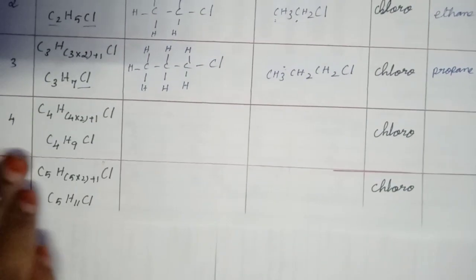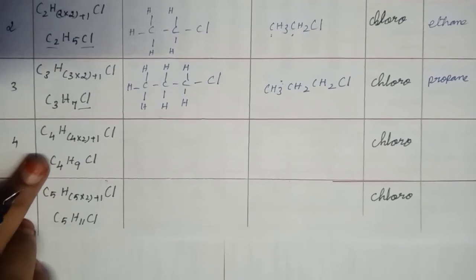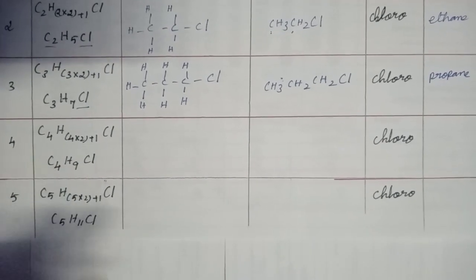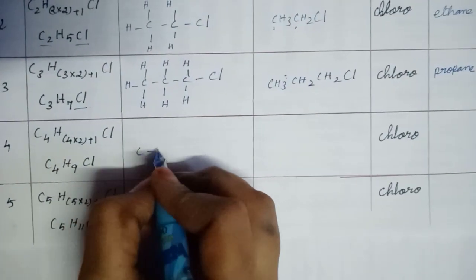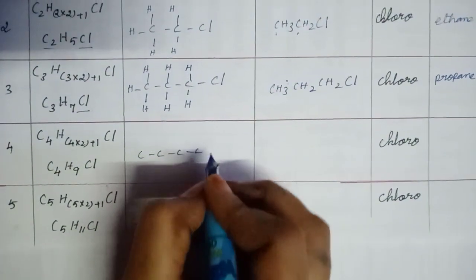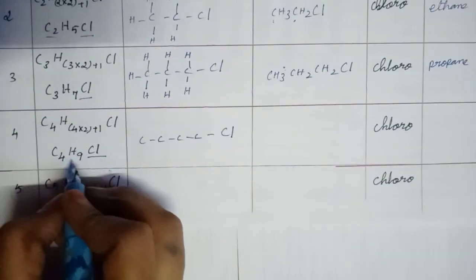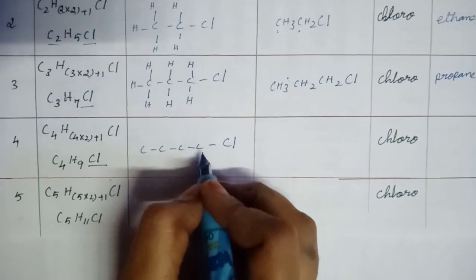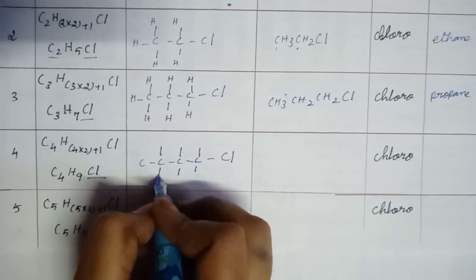Next, number of carbon 4. Substituting 4 in the molecular general formula, we get C4H9Cl. In the structural formula, 4 carbons, and the functional group is Cl. In the framework, it needs 2, it also needs 2, it needs 2 more bonds.